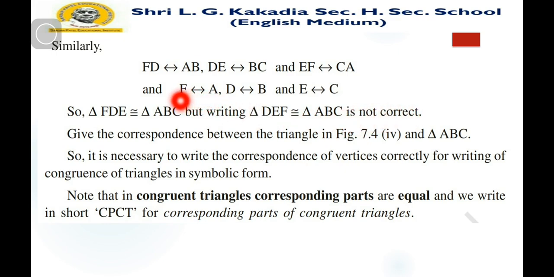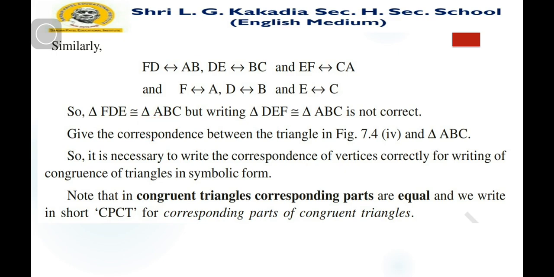We have to write a pair of congruent triangles in that manner in which the vertex or side corresponds to the other vertex or side. So here F is in correspondence with A, so we write F and here A, D and B, and E and C. In this manner we can write triangle FDE is congruent to triangle ABC.